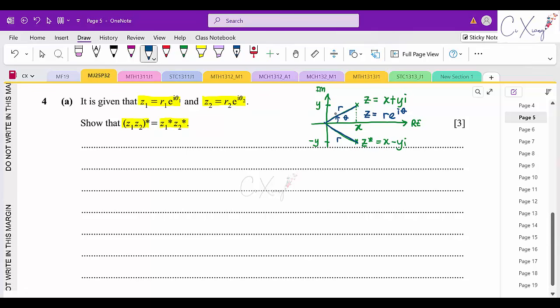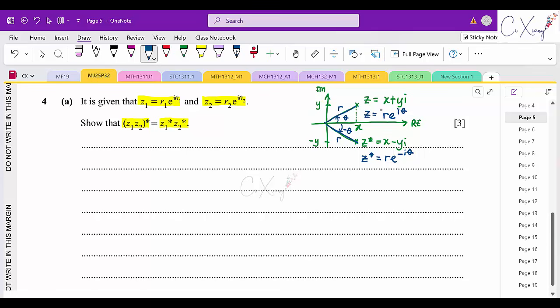Then how about the argument? For the argument, I have to measure it in the clockwise direction. The angle basically is still the same, but because we measure it in the clockwise direction, you have to put a negative in front of the argument. Therefore, if I want to put z conjugate into the exponential form, what we have here is r multiplied with e to the power negative i theta.